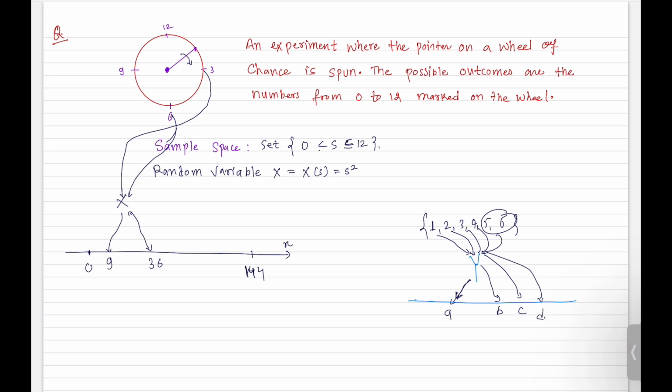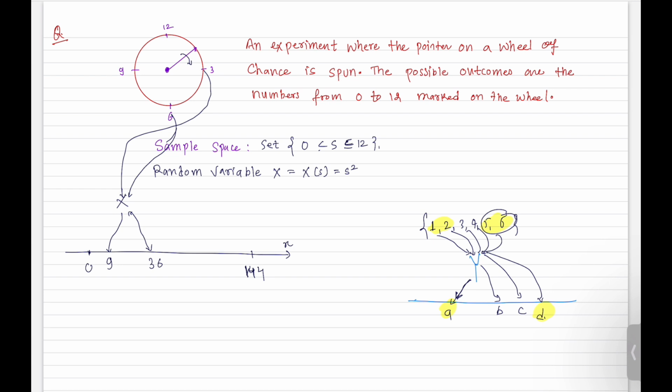So what's the point here? The point is that it is not necessary that the sample space points map uniquely. So these two are mapping to one point a, right? And these two are mapping to one point d.